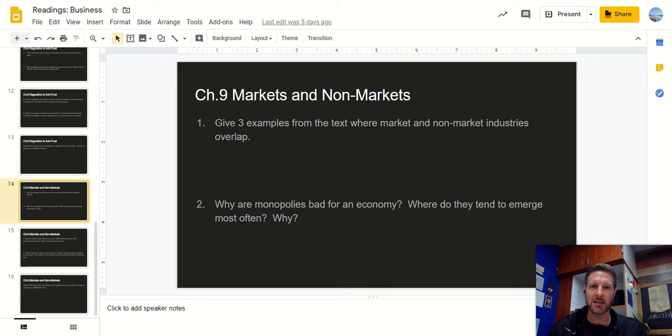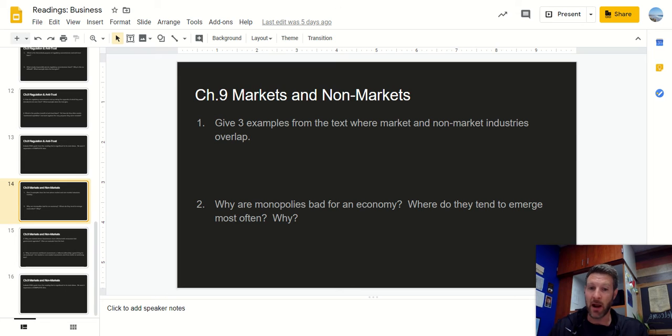And so in markets, you do not really have a problem with monopolies, not for very long, unless you impose regulatory commissions and antitrust laws. Where they tend to emerge is in non-market industries, where the government takes control. That's where they tend to establish a monopoly.